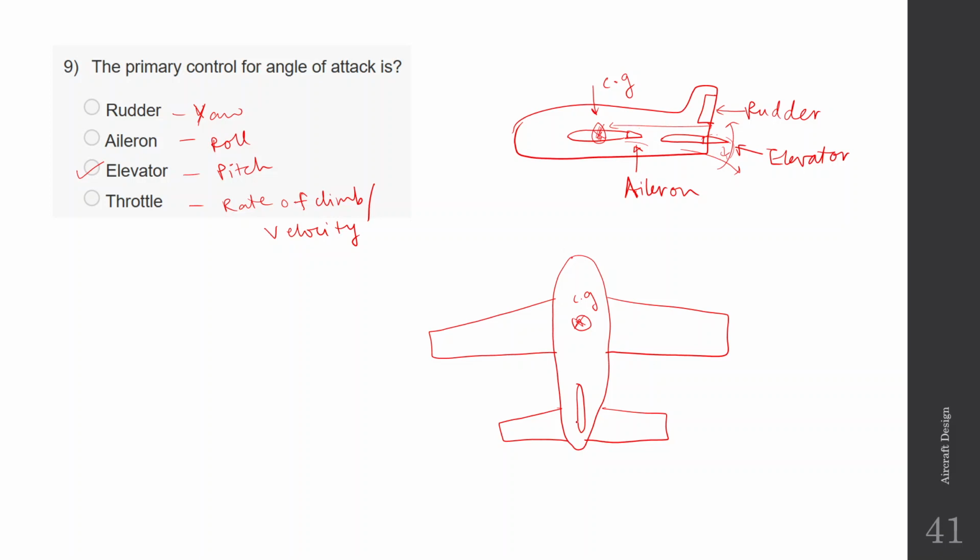So if your rudder is deflected this side, then the airflow will be diverted that side, which will cause this kind of yawing motion. And again, since it is far from the CG, it will cause this yawing motion. If we place the rudder directly over the CG or near the CG, it will not work because the moment will be very low. Okay, so this is the rudder action.